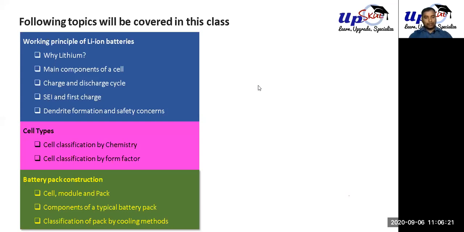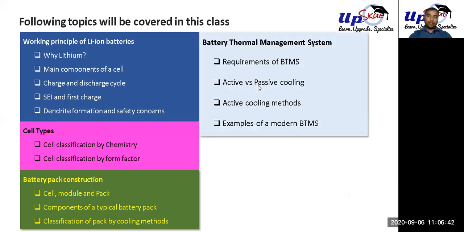This one is mostly going to be example based, where I am going to take you through some contemporary vehicles. For example, today we are covering Tesla and Audi Q3, and how those are constructed. Next we are going to know the basics of the battery thermal management system, and why it is important.